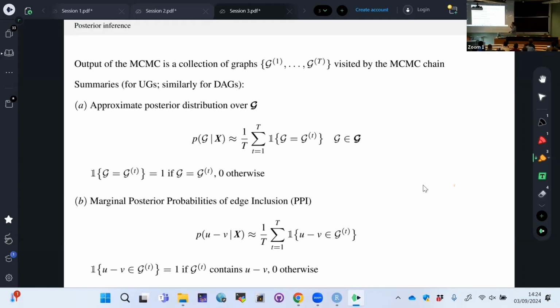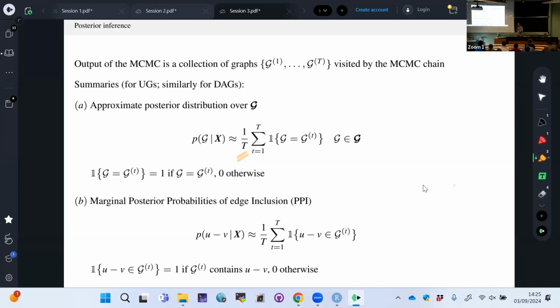So if capital T is the number of graphs in the MCMC chain, then 1 over T, the sum of indicator variables, 1 if G at time t is equal to the candidate graph G, will provide you an estimate of the posterior probability of graph G. Okay, where 1 is an indicator function equal to 1 if G_t is equal to G, 0 otherwise. Is it okay?